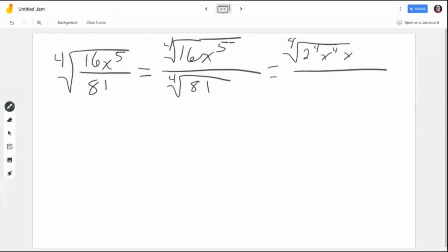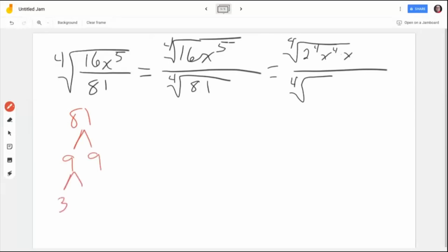In the denominator, we have the fourth root of 81. Now, if you have a hard time figuring out what you can break these numbers into, one thing that's cool is you can use a factor tree. I kind of want to do it in a different color though, so that way it stands out. All right, so we can take the 81. What can we break that up to? Well, we can break it out to 9 times 9.